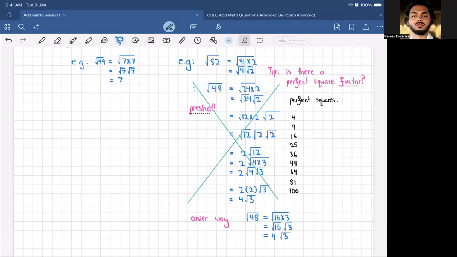All right, so for those who are done copying that down, I'm gonna give you all some questions. And if you have a Casio, the Casio does all the working for you, by the way.